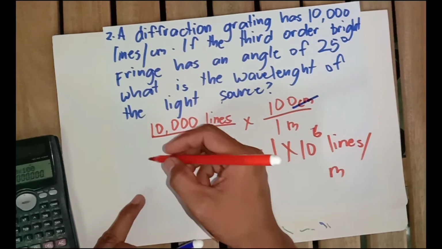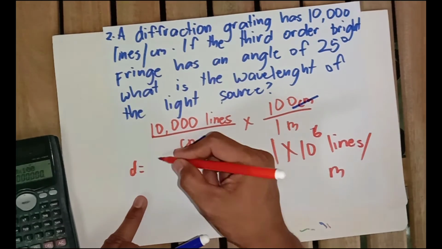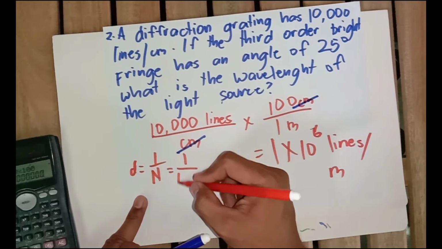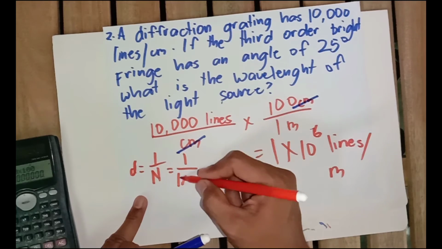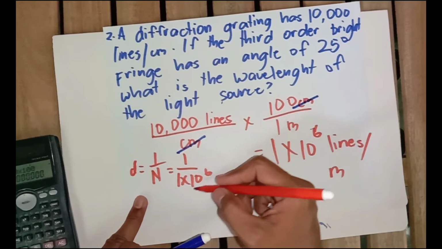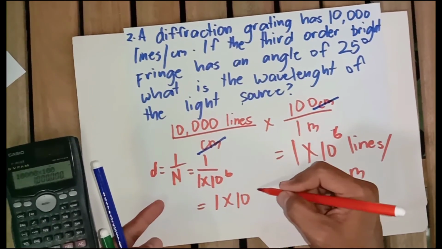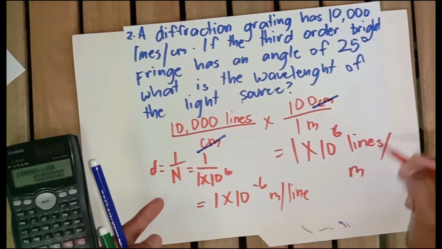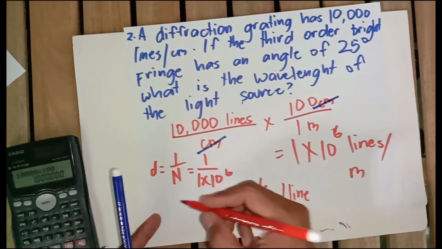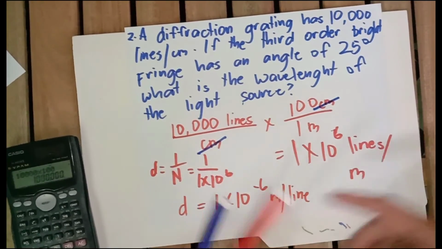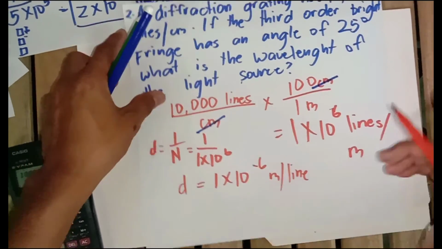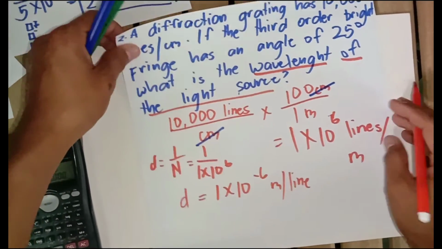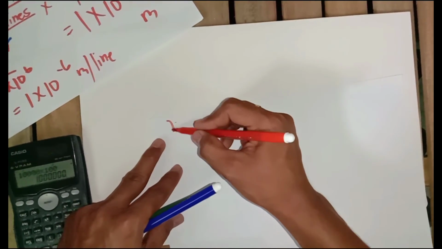And we have to convert it. d is 1 over N, equal to 1 divided by 1 times 10 raised to 6, which is 1 times 10 raised to negative 6 meters per line. Okay, we have the d. Now we have to find the wavelength of the light source, or lambda.